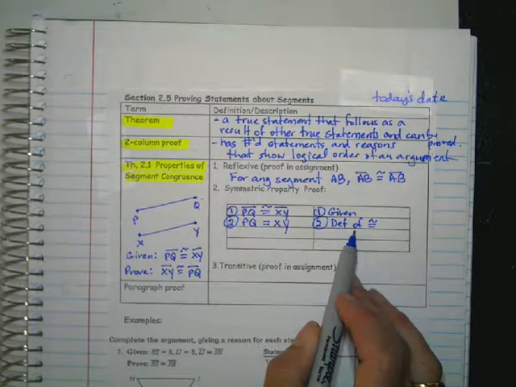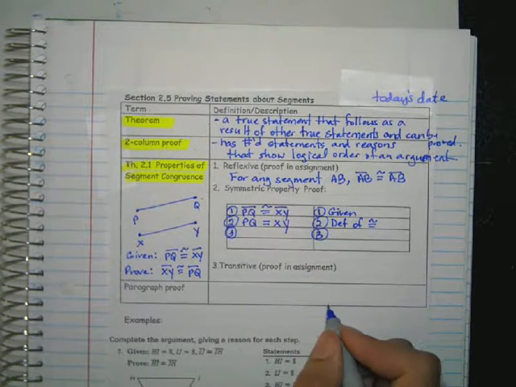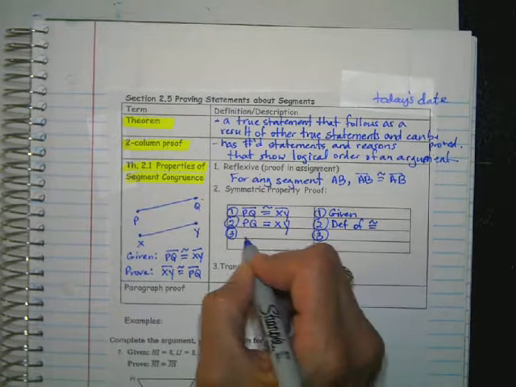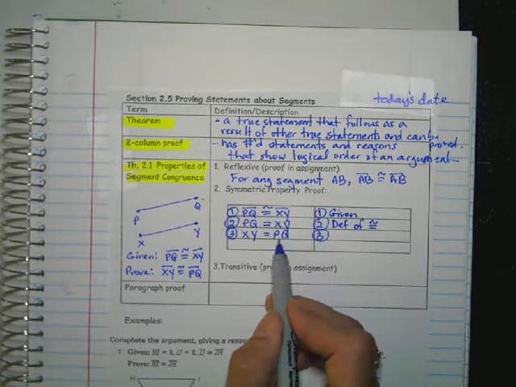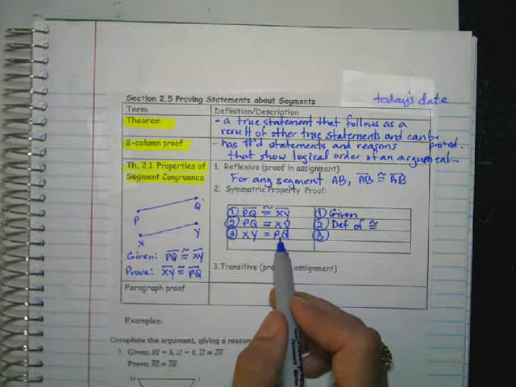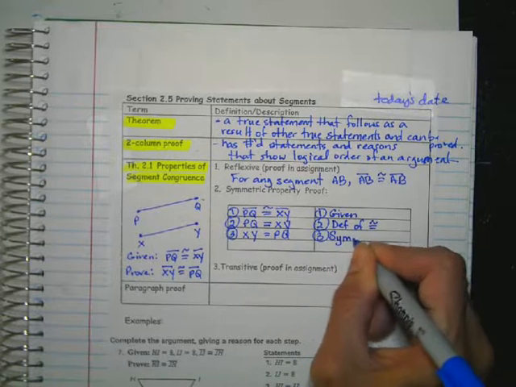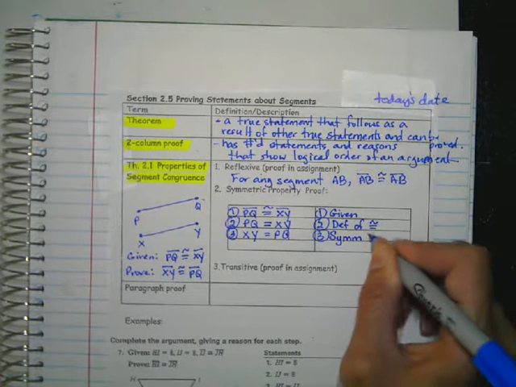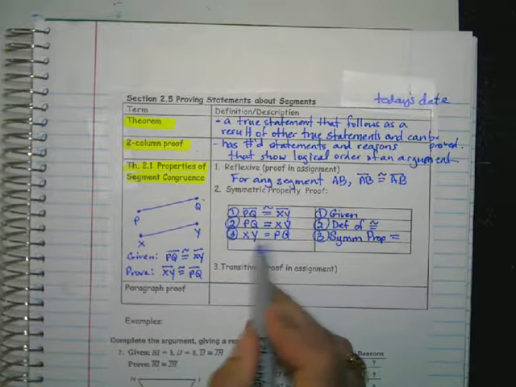Step 3, XY equals PQ. We got that from the algebra we did the other day. One of our algebra properties, specifically the symmetric property of equality, says that we can flip-flop our equal sign, and that's okay.